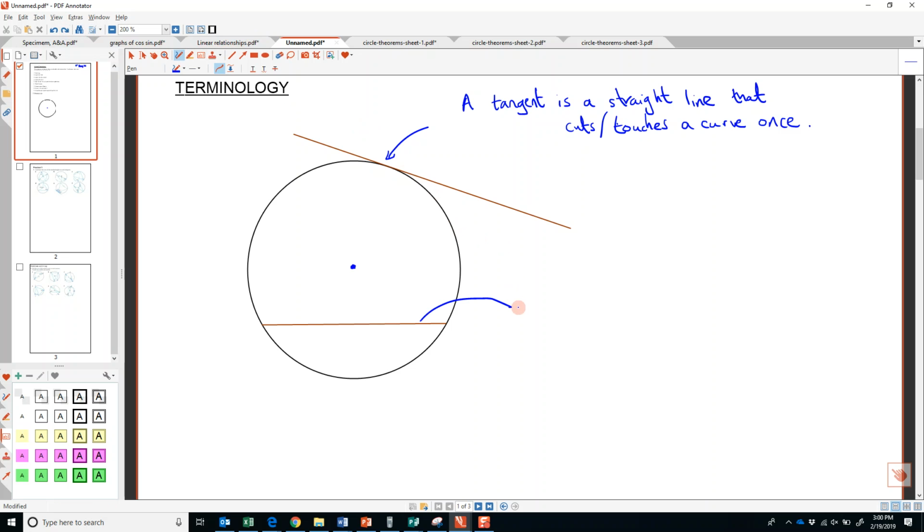That is a chord, C-H-O-R-D. All right, so that is a chord.